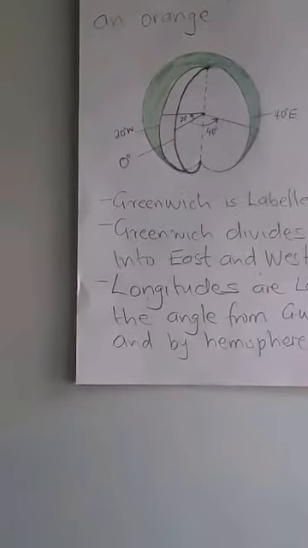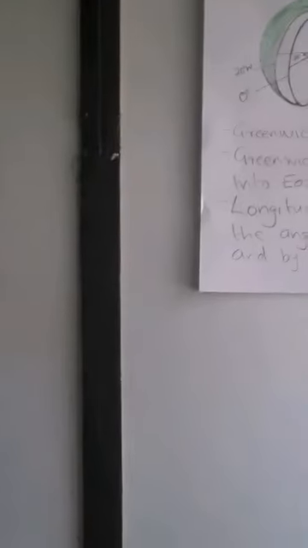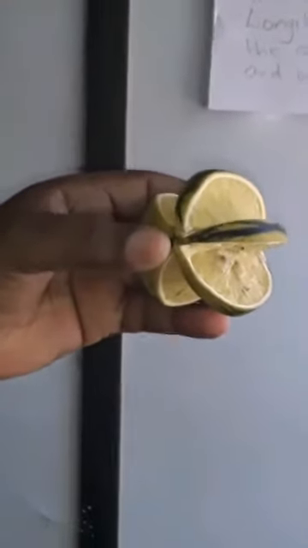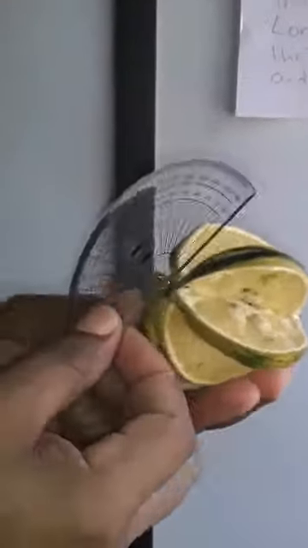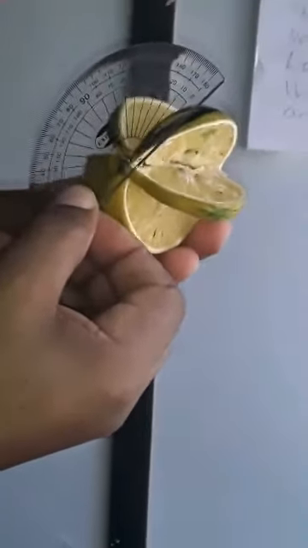I would want us to look at an orange like this. Let's have this as our prime meridian, 0 degrees. So we will measure angles from here. So we measure this angle here, if this is our 0, like this, and it comes to 80 degrees.